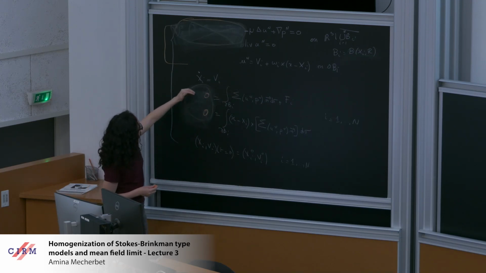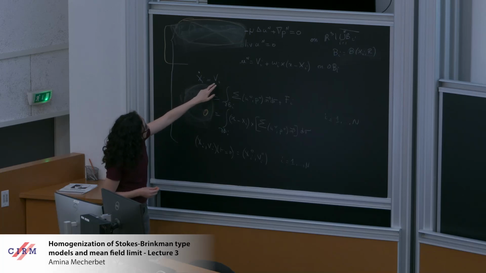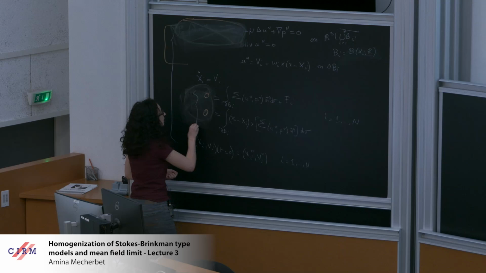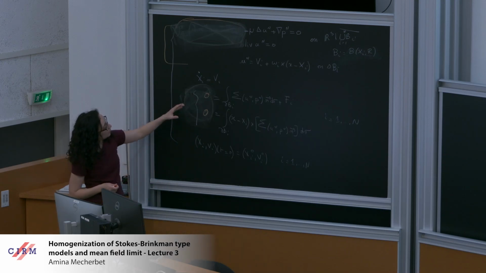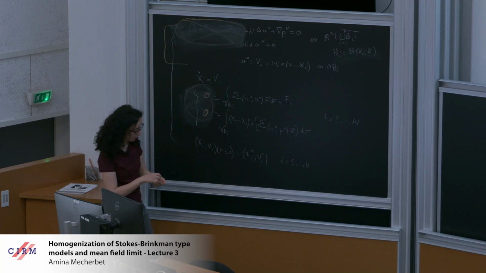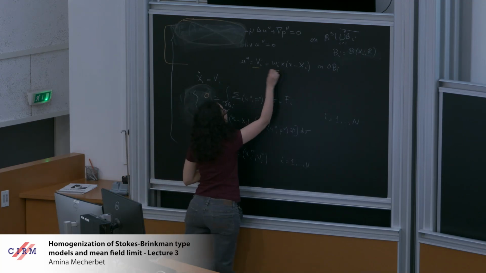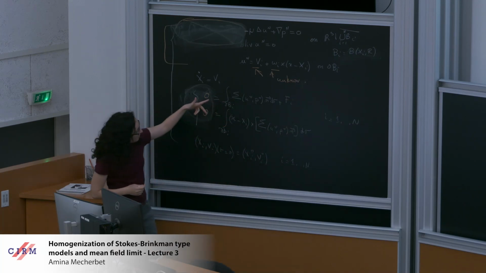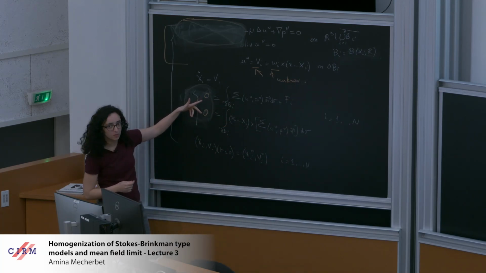Since you neglect inertia, the values of the velocities will be prescribed by these two conditions. So here the velocities are unknown, they become unknowns of the system, and you can think of them as the Lagrange multipliers associated to these two equations.